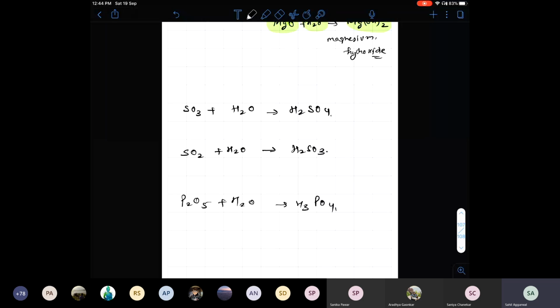Let's check. सल्फर की ऑक्सीडेशन स्टेट क्या है यहाँ पर? Oxidation state of sulfur in this case? Sir, +6. Please say +6. What is the oxidation state of sulfur here?